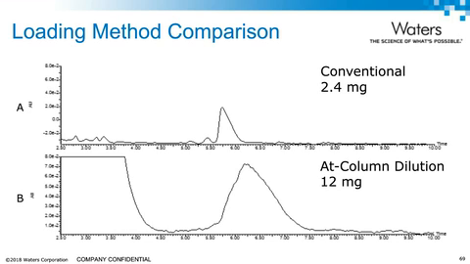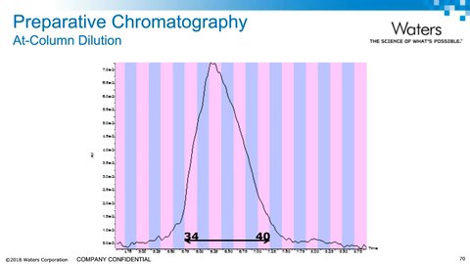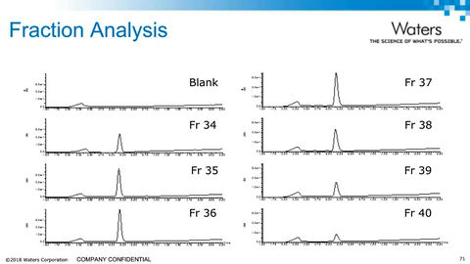I again collected by time, and this time fractions 34 to 40 contained my peptide product. I was able to obtain exactly the same fraction analysis using at-column dilution with 5 times the load as what I got with a conventional injection.